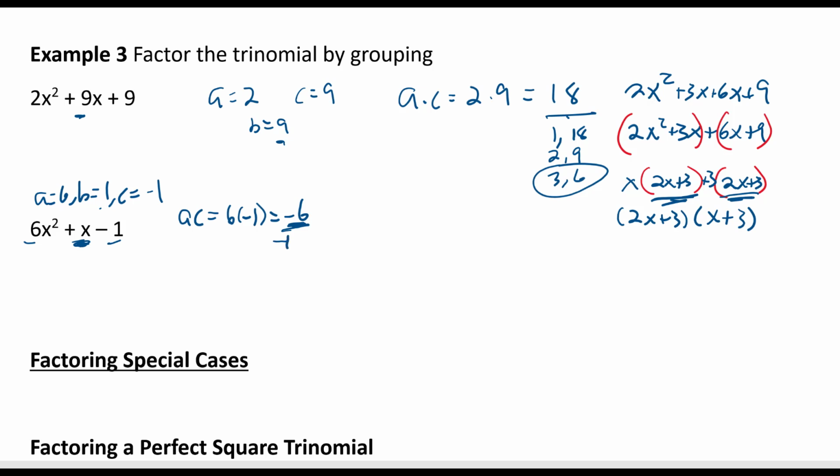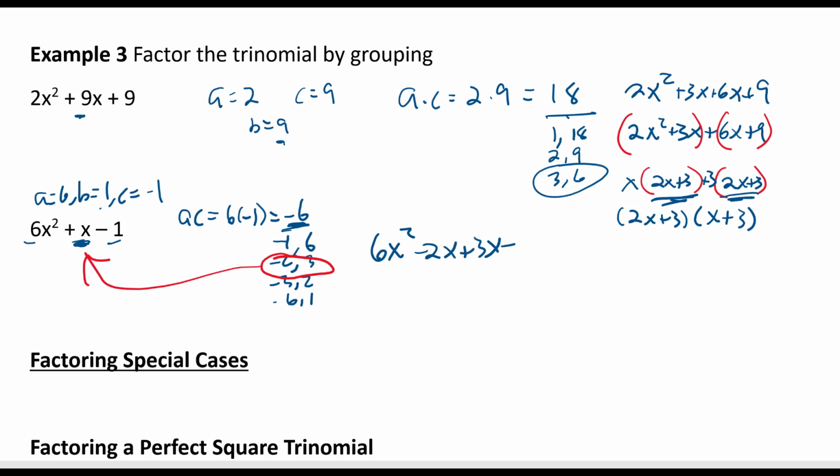So I have negative 1 times 6, negative 2 times 3, negative 3 times 2, and negative 6 times 1. Negative 2 and 3 make 1. So we'll have 6x squared minus 2x plus 3x minus 1.